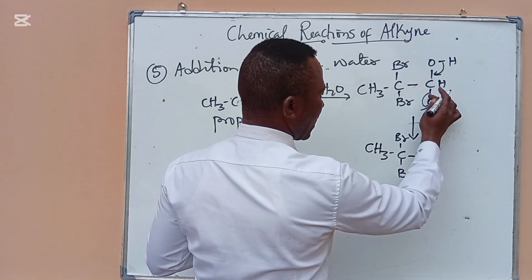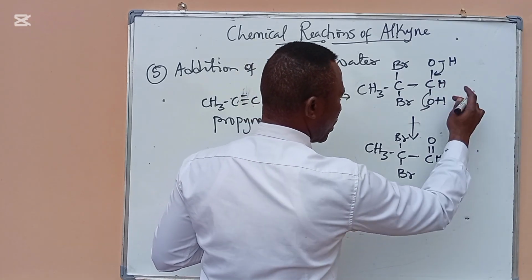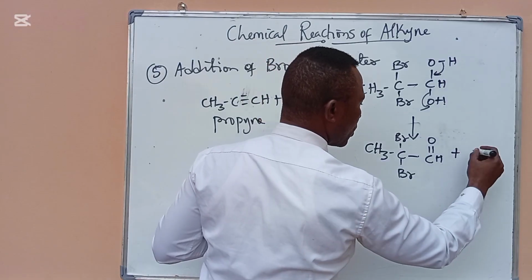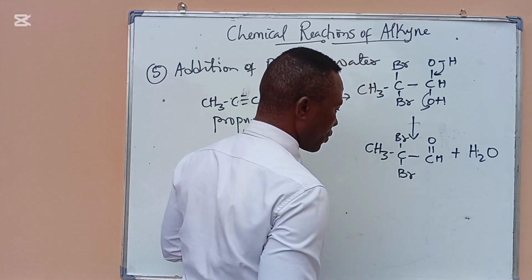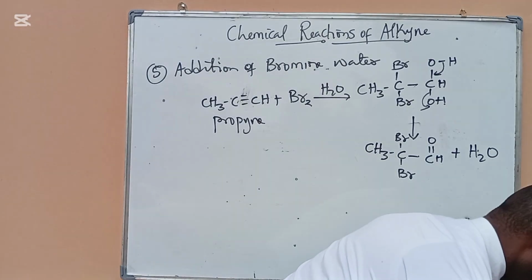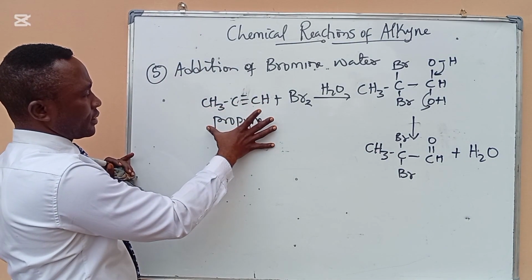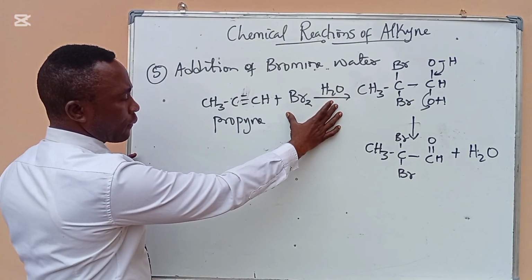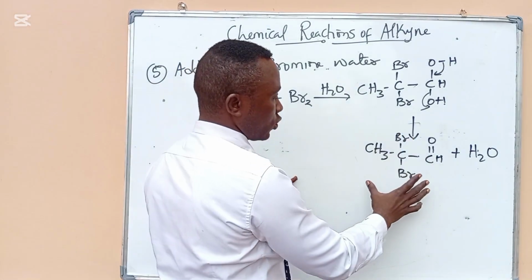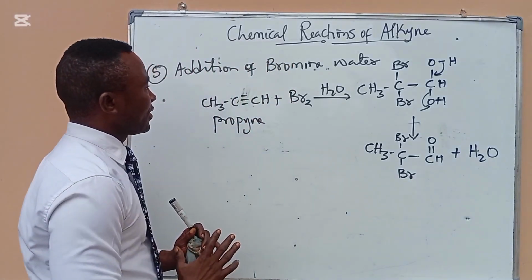The OH has left and combines with the hydrogen to give H2O. So that is our final product, a keto dihalide. Anytime alkynes react with bromine water, we'll get a final product which is a keto dihalide. So that is the reaction.